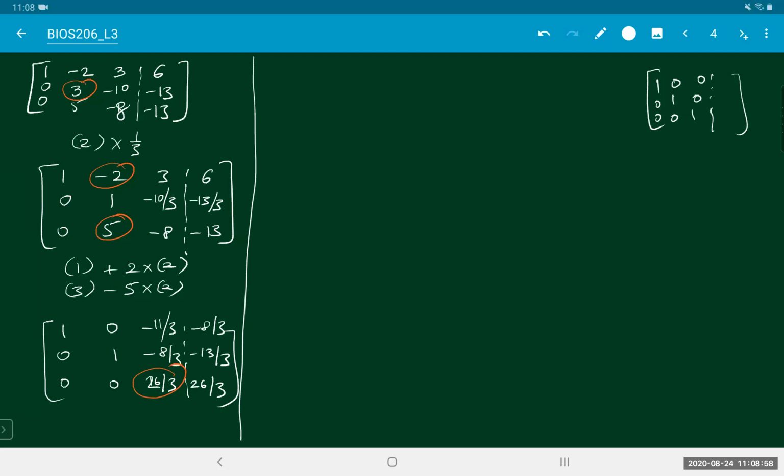I can just multiply the third row by 3 over 26. So 1, 0, minus 11 thirds, 0, 1, minus 8 thirds, 0, 0, 1, 1.